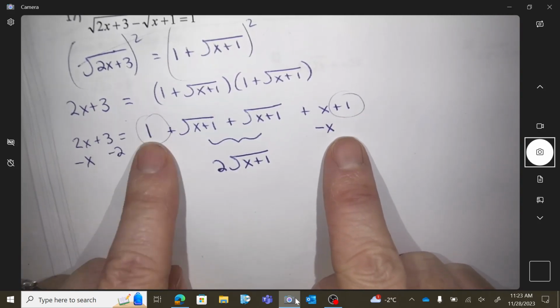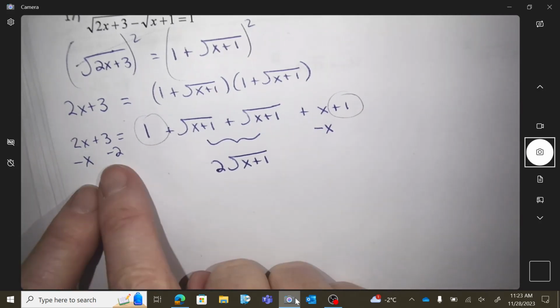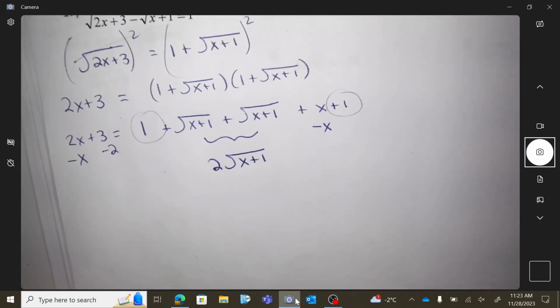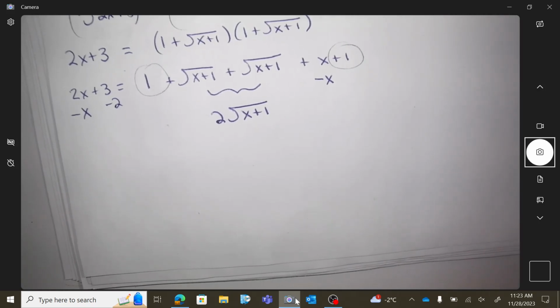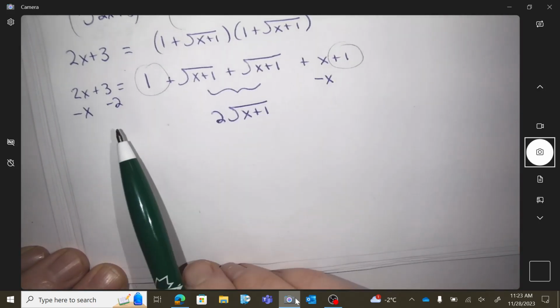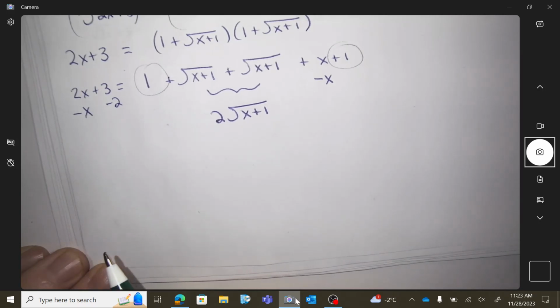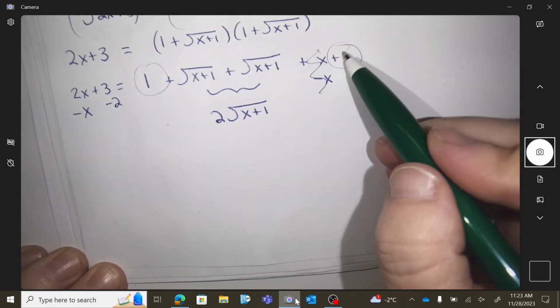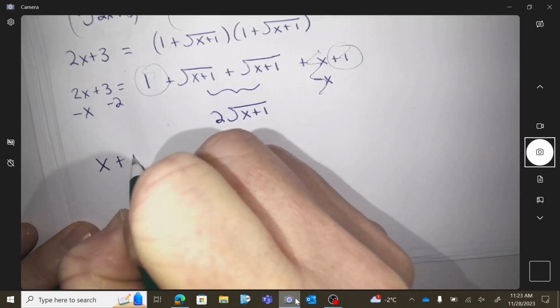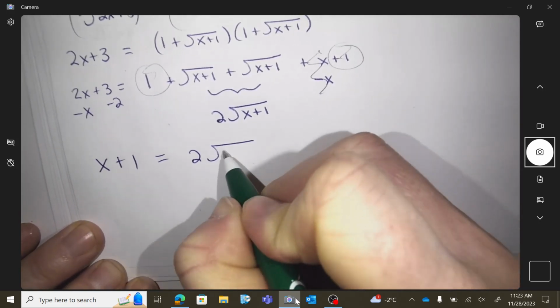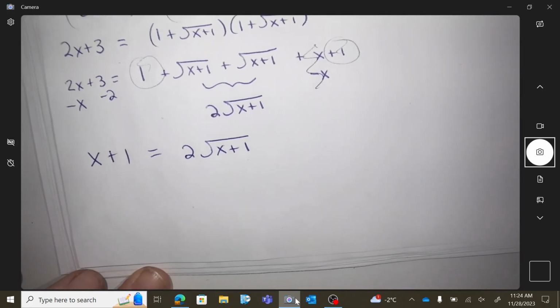This is 1 plus 1, so there'd be a 2. So I'm going to minus 2. You see that? If I shortcut. Okay, so we get x plus 1 equals that.